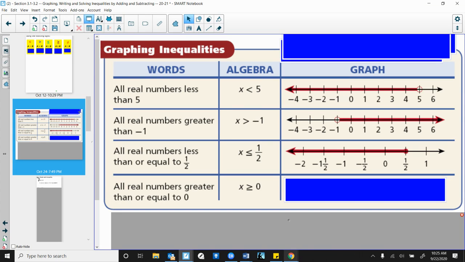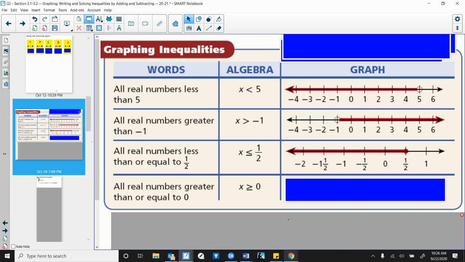Still on Carson. The dot's filled in. And what does the dot obviously mean? Josh? It's equal to, so it can be 1/2. If I fill in the dot, it's equal to. If I don't fill in the dot, it's not equal to. I think that kind of just makes sense. If I'm including it, fill it in.